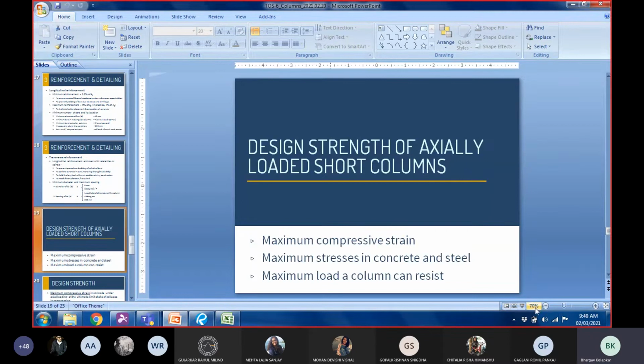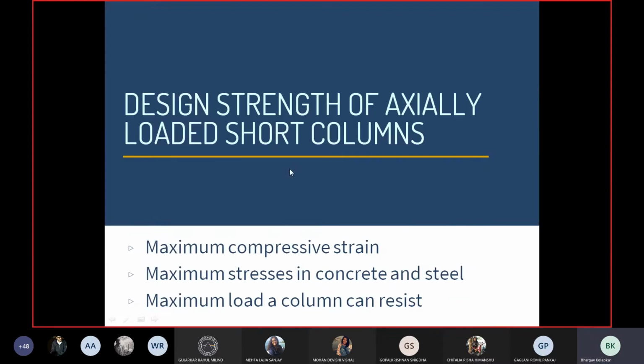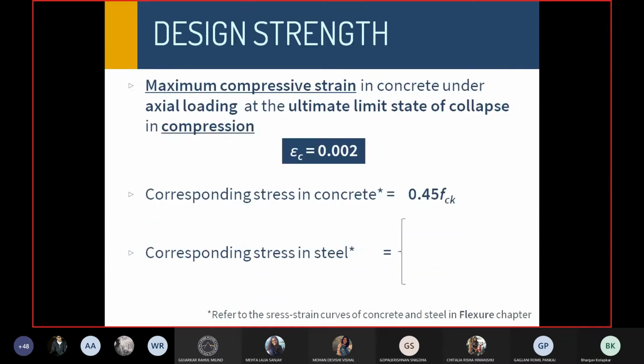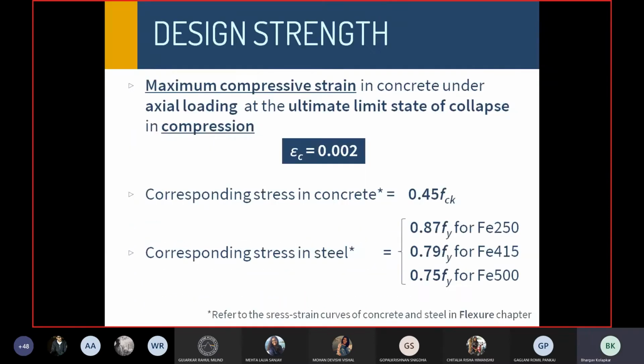Okay, so we jump to the final part, which is the actual design of axially loaded short columns. In the design of beams, I hope you remember that we had a certain failure criteria.